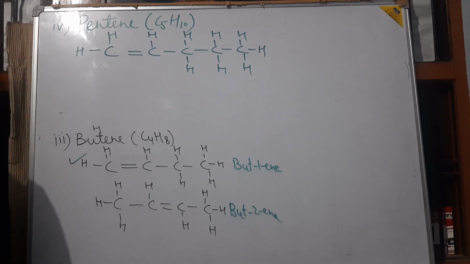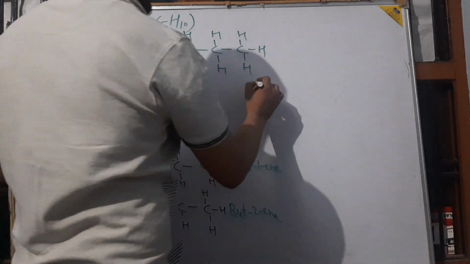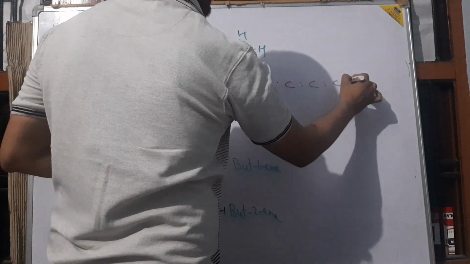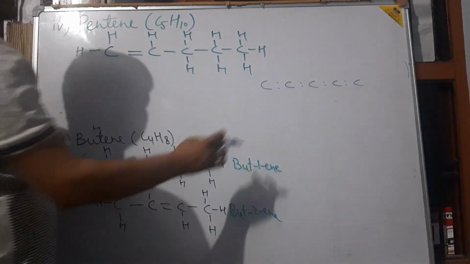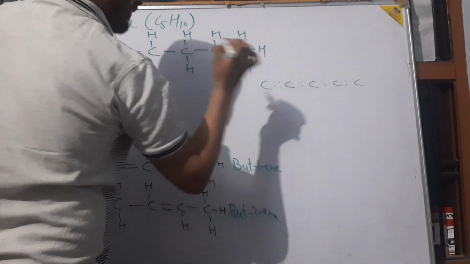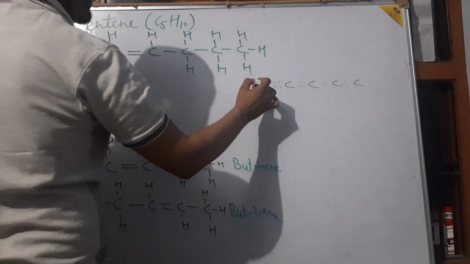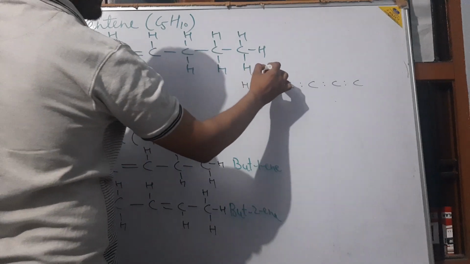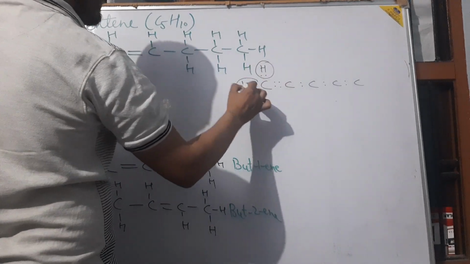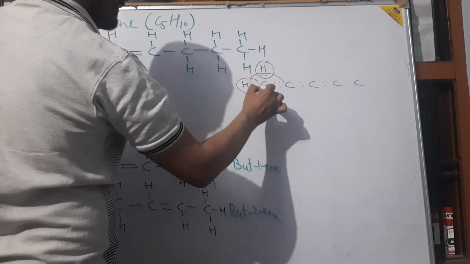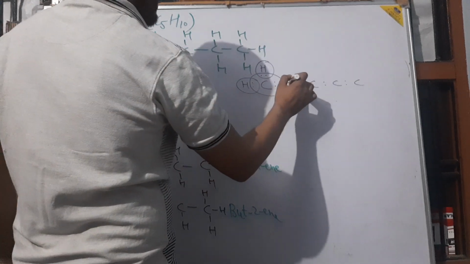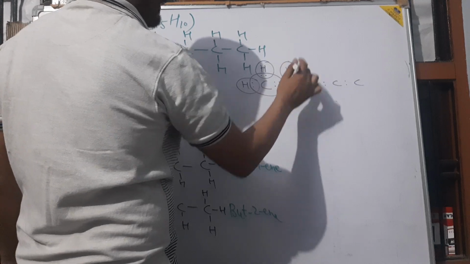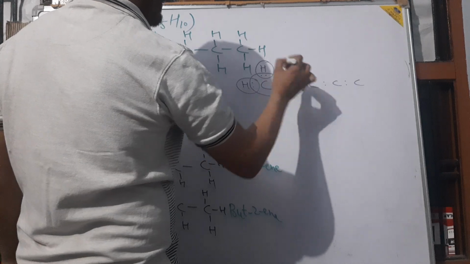Now for making the electron dot structure, as we have the double bond at the first carbon, we are placing 4 electrons, and 1 hydrogen here. So it is also completing its doublet. Now this carbon is completing its octet also. This carbon here, beta, this hydrogen is completing its doublet and the carbon is completing its octet.